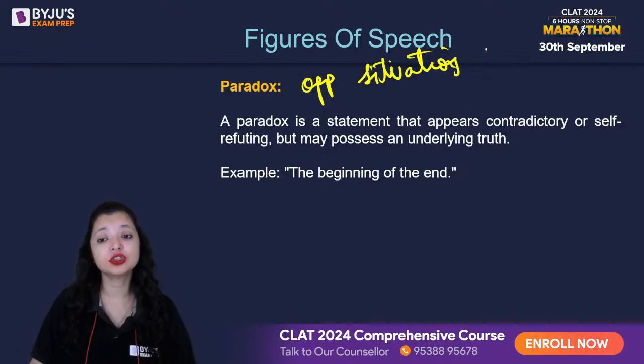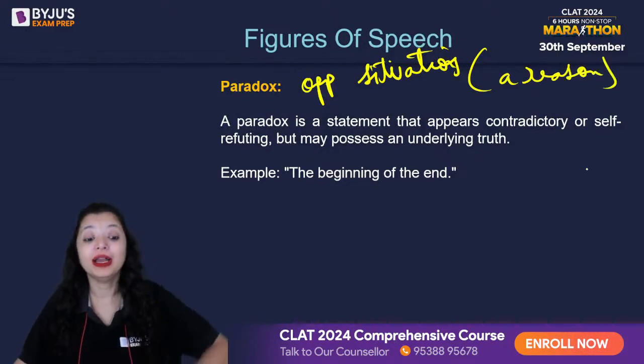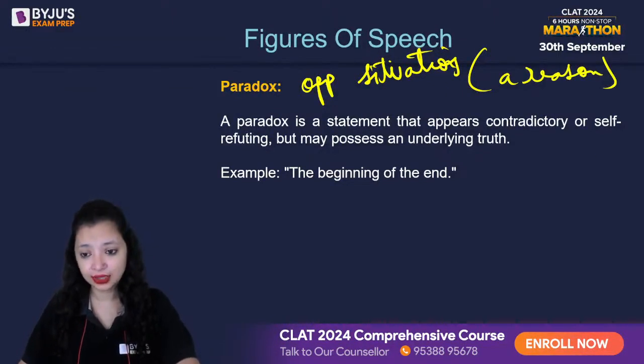Also, for these opposite situations, you have a reason why they exist together. You can justify a paradox. Yes, you could say that. Paradox is logically an absurd statement, while irony focuses on a certain contrast between appearance and reality. Absolutely correct, Manu.